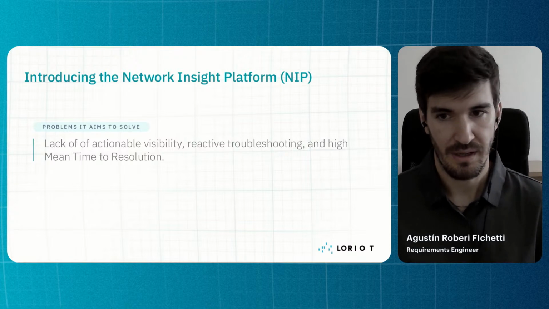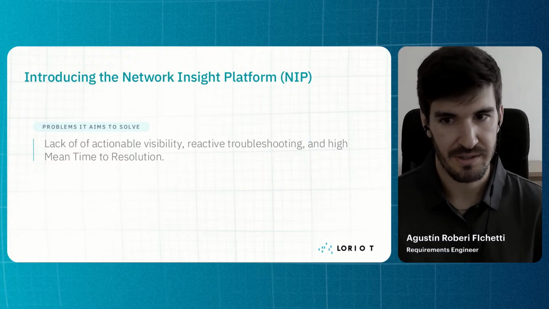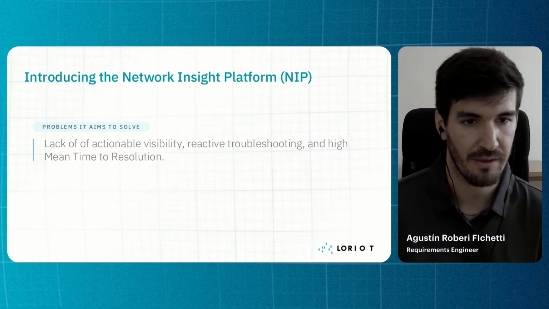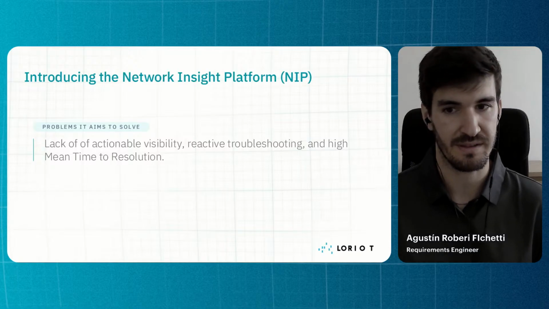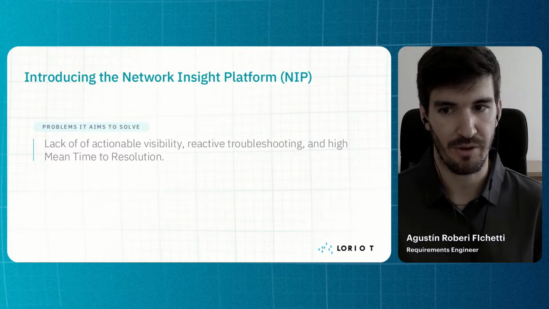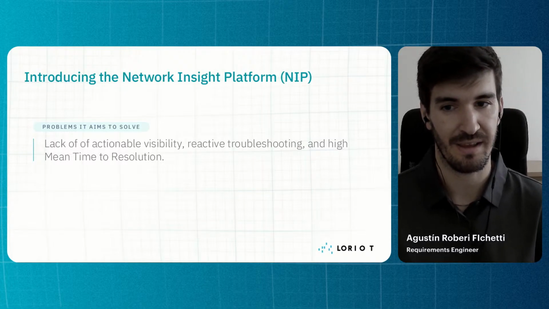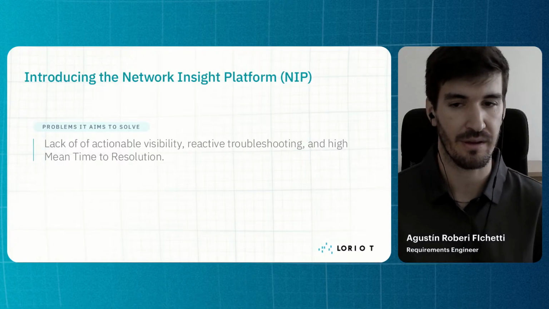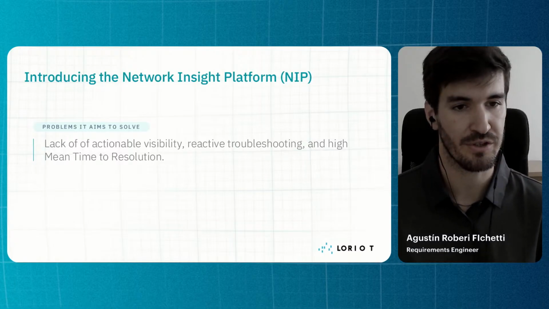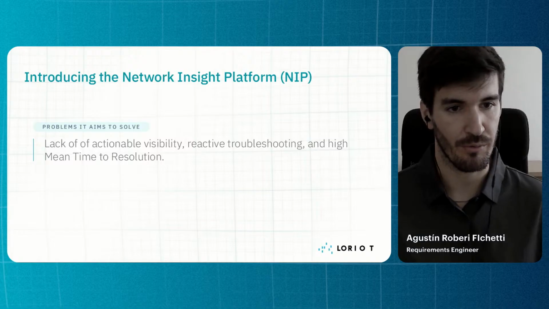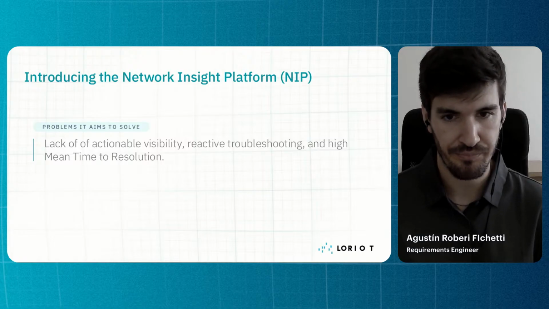So the first problem the NIP aims to solve is the absence of a tool that guides you through the collection of information that you usually stumble upon when you're trying to solve something.